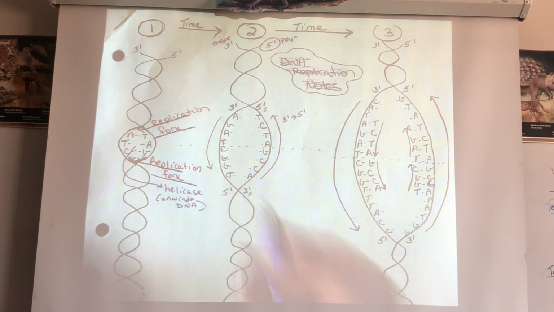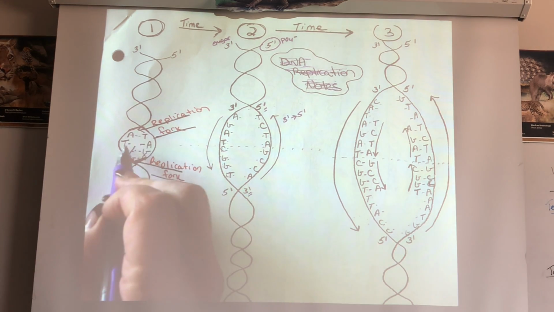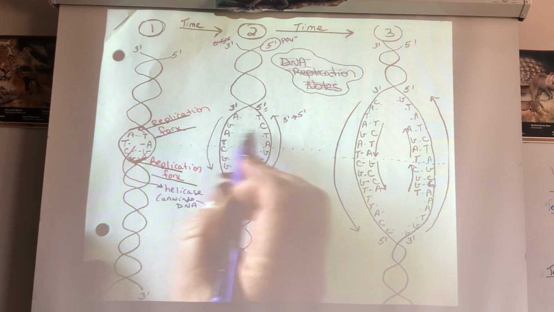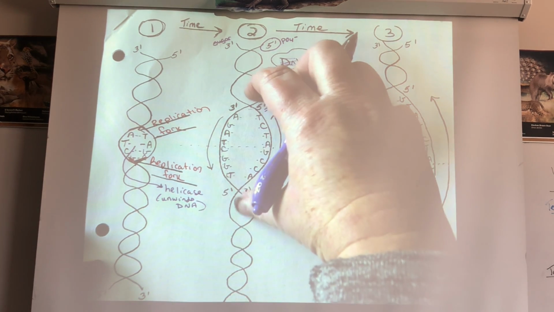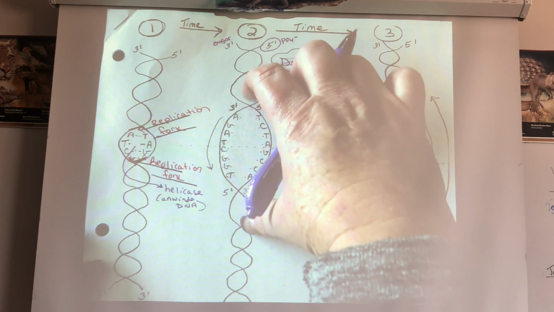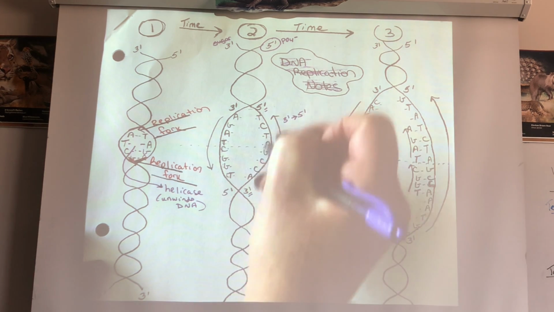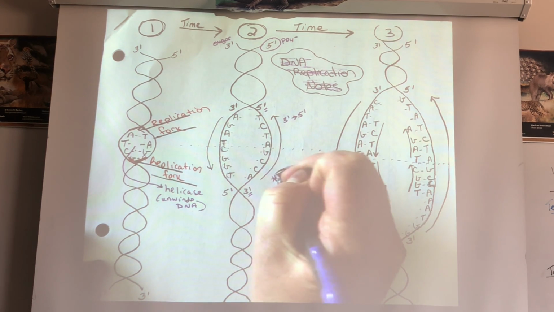If you'll notice, these 4 little bases were split apart here, and they're still there. What's happening is the bubble's getting bigger, and it's going toward the ends of the DNA molecule. The enzyme that comes in and actually reads these base pairs is called DNA polymerase.